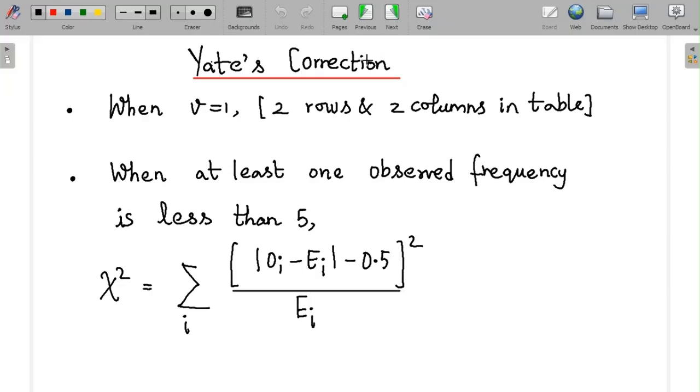This correction is done by subtracting 0.5 from the difference O_i minus E_i. Once this correction is done, we follow the usual procedure. We square the differences, divide by the expected frequencies, and add up all the ratios.